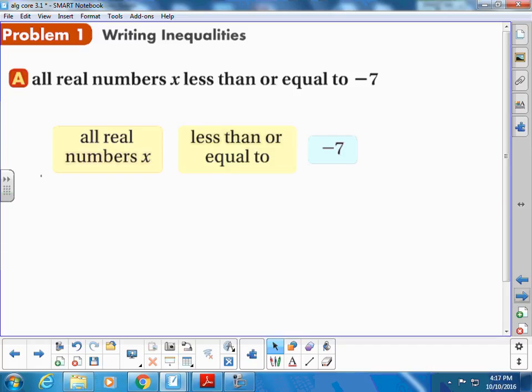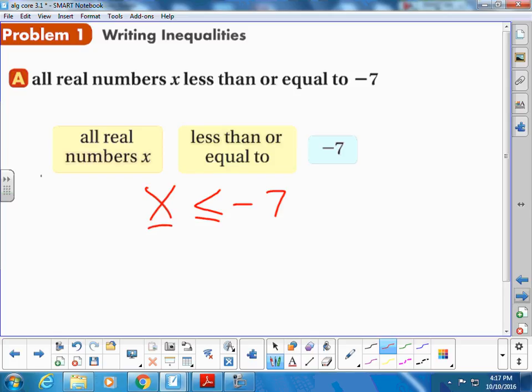So x less than or equal to -7. And I know that x is less than -7 because the smaller side, this little side, points to the x. So that's less than or equal to -7.